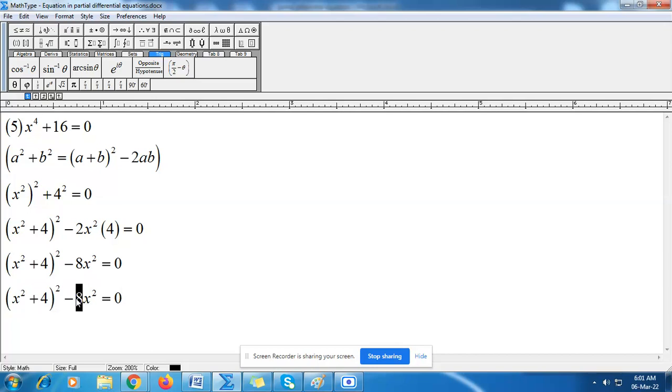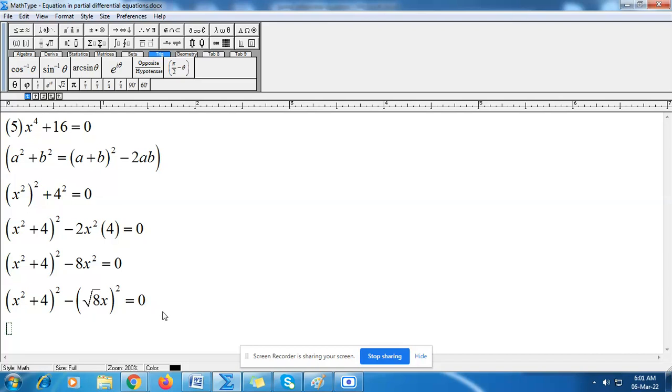This 8 can be written as 2 root 2 x whole square. Or if you get confused, you just write down root 8 x whole square. So it is in the a square minus b square format.